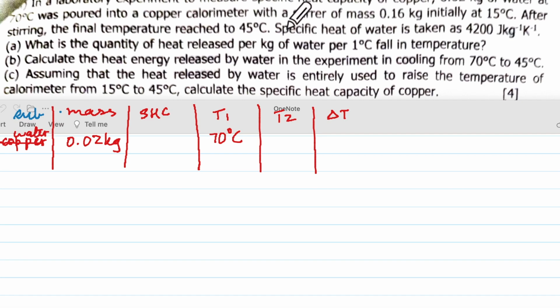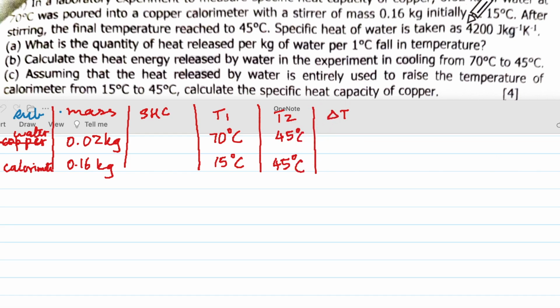This much water is dropped into the copper calorimeter. So I'm writing calorimeter. Calorimeter mass is 0.16 kg, initially at 15 degrees C. After stirring, the final temperature was 45. So for both it will be the same.